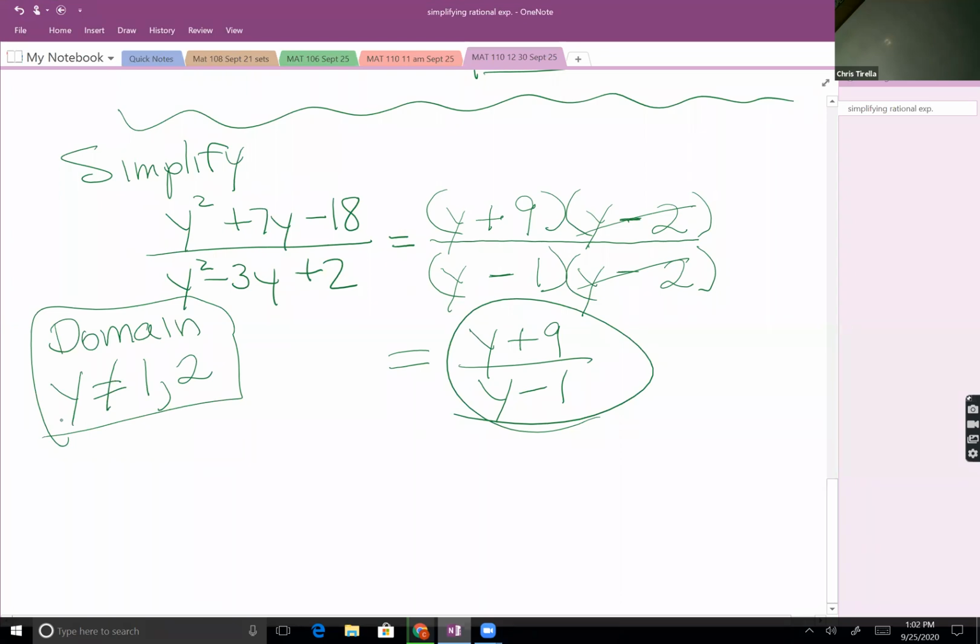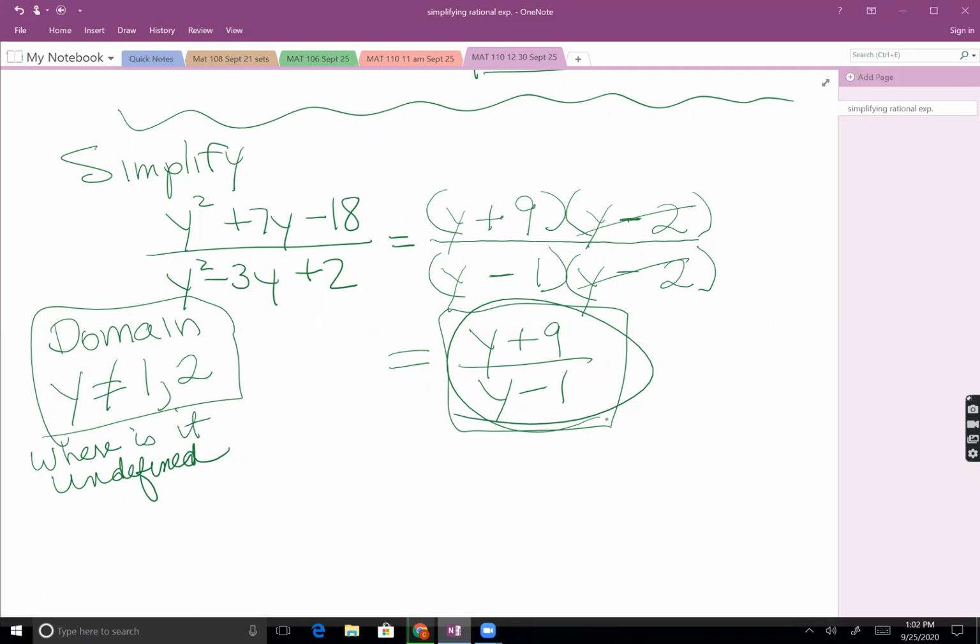Instead of the domain, they might say, where is it undefined? And it would be undefined at 1 and 2. That's where the comma goes in. But if they're asking you to simplify a fraction, you're going to have to type the fraction out. Okay? Thanks for asking. It's better to get things clarified.